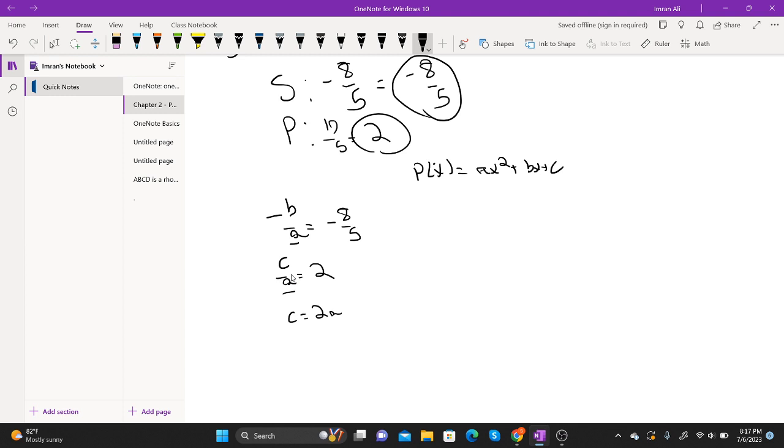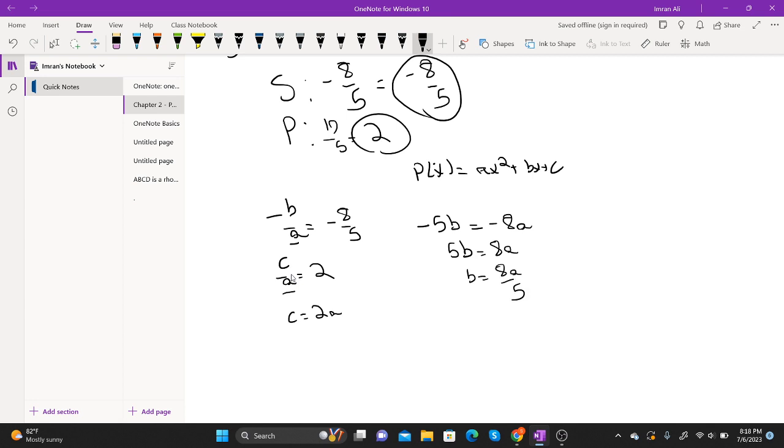Over here, we can cross multiply, so negative 5 times negative b, let's do negative 5b equals negative 8a. And then we can multiply by negative 1, get 5b equals 8a. b equals 8a over 5.